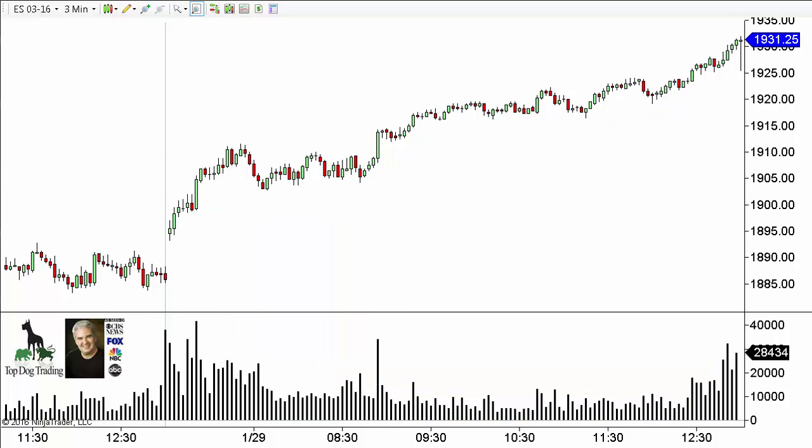Number one is that, as I said, intraday volume is interpreted differently than the volume on daily bars, weekly bars, and monthly bars. The reason for that is that intraday, there is what we call a meta pattern of volume. And that volume meta pattern is basically this.